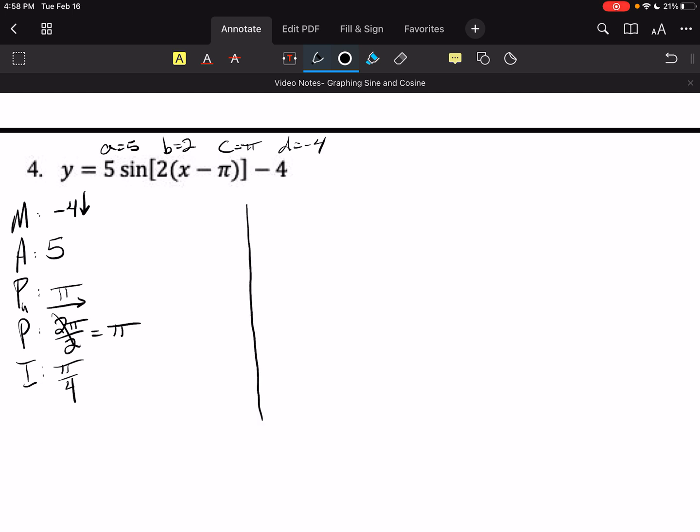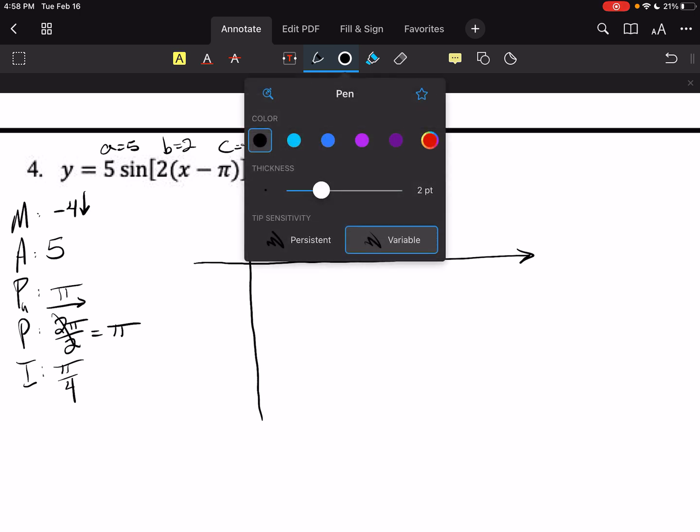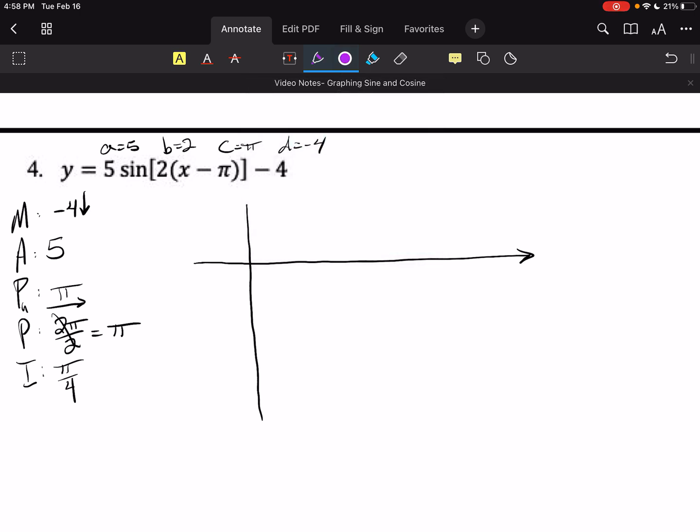So I'm going to build my XY axis to kind of help me with that. So establishing the midline, we're going to go down to negative 4. That's terrible. Hold on. So here's negative 4.